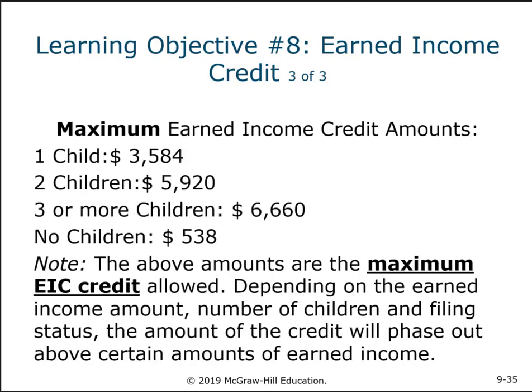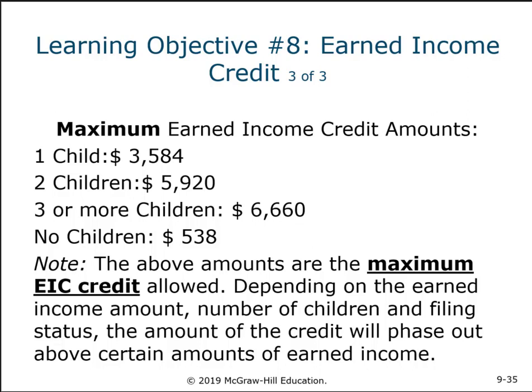So the maximum, and you see that these are quite generous, $35.84 for a child, having one child, $59.20 for 2 children, $60 for 3 or more, and if you have no children, it's considerably reduced, but it's still available, $538. That's the maximum.